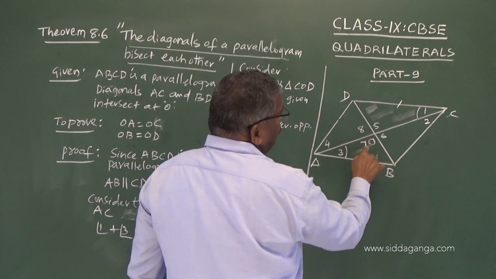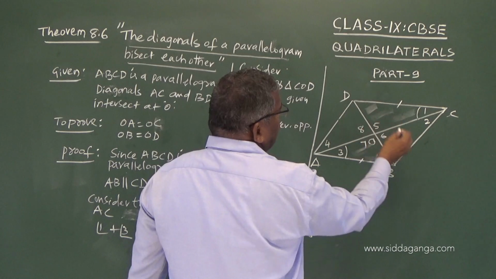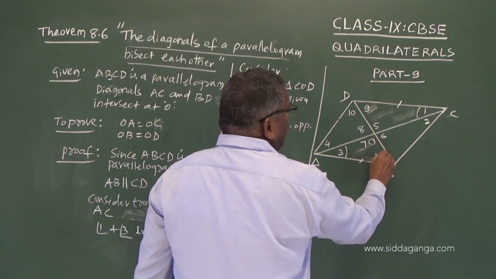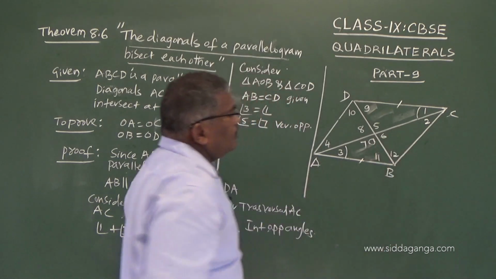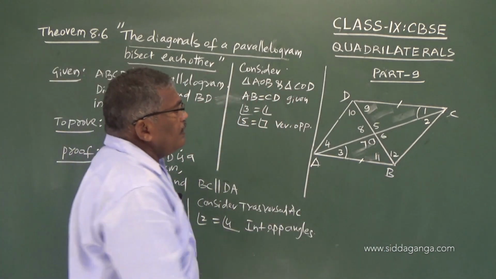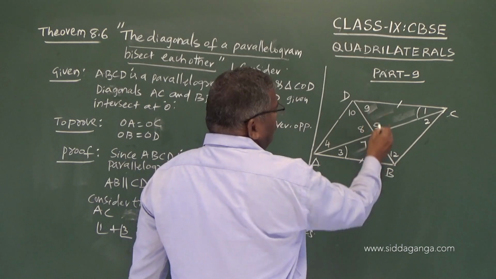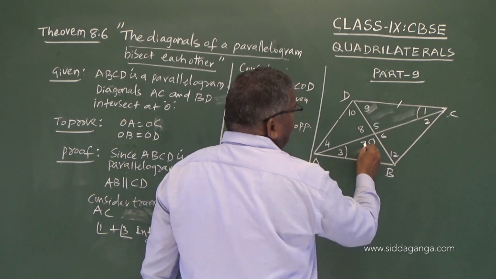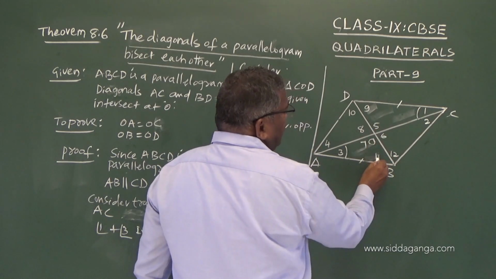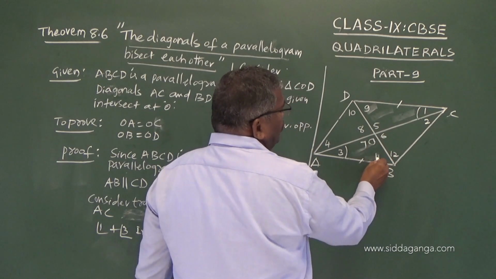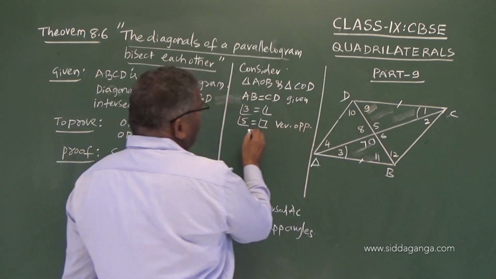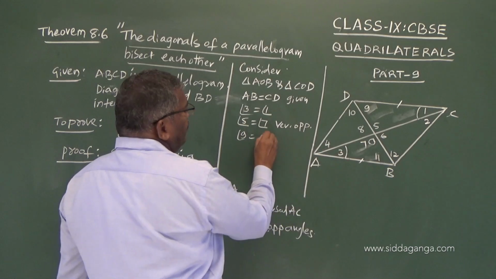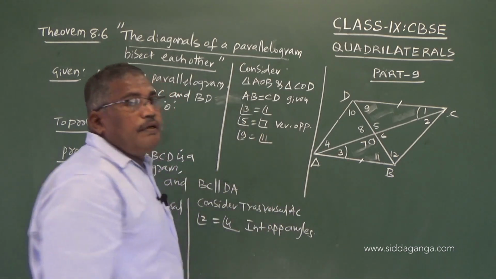So we can continue: 5, 6, 7, 8, 9, 10, 11, 12. The third angle of the first triangle, 9, is equal to 11.